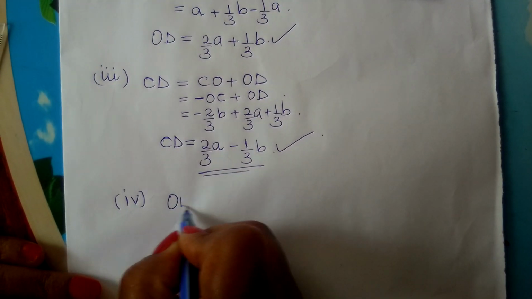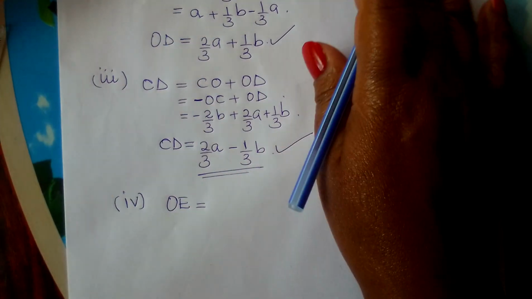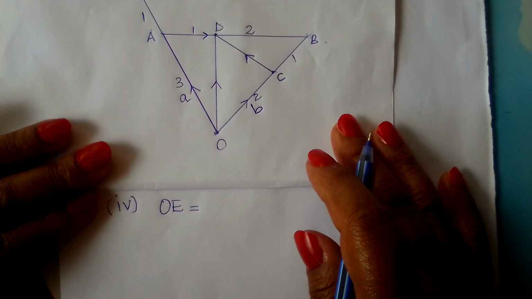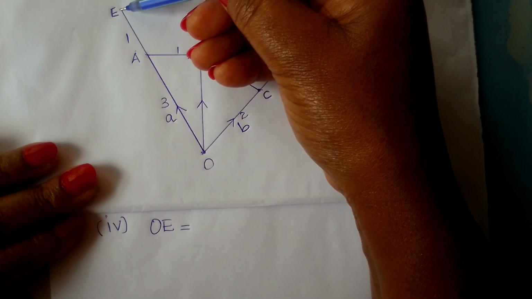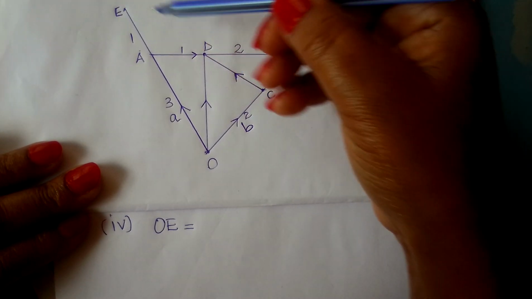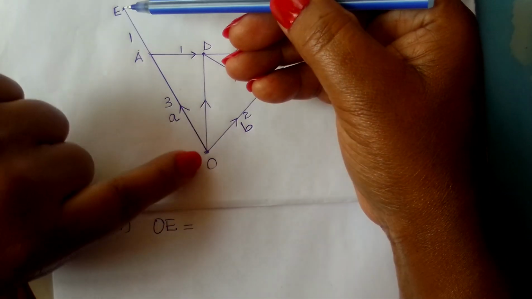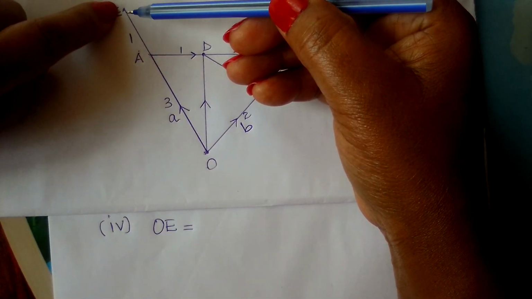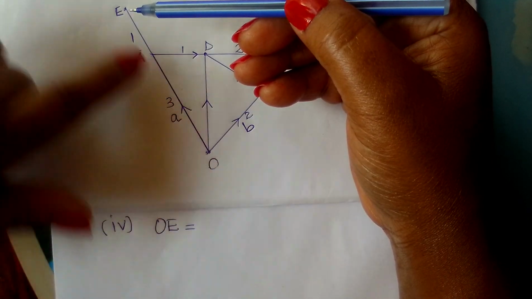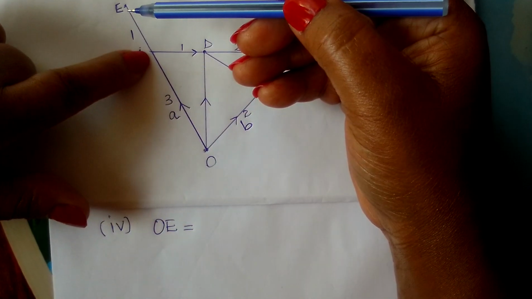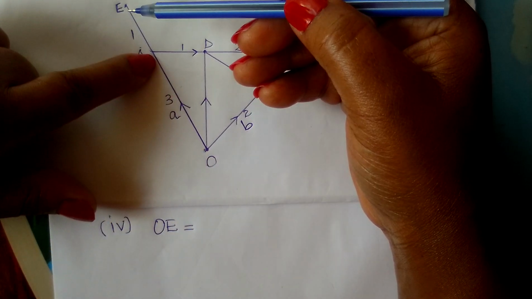Part 4, learner, you are told to find vector OE. Vector OE. What is vector OE, learner? Look at this. Vector OE up to there. Vector OE, learner, is how many units? 3 plus 1. And therefore you can express OE in terms of OA. OA is 3 units.